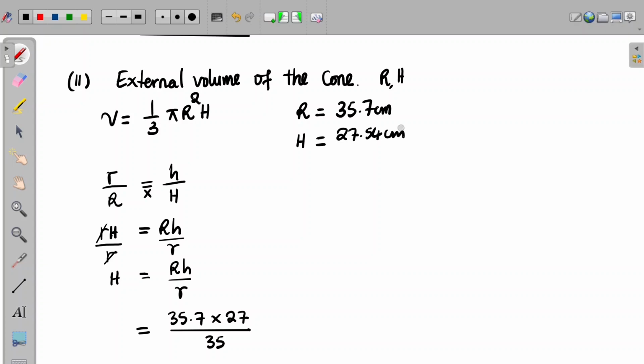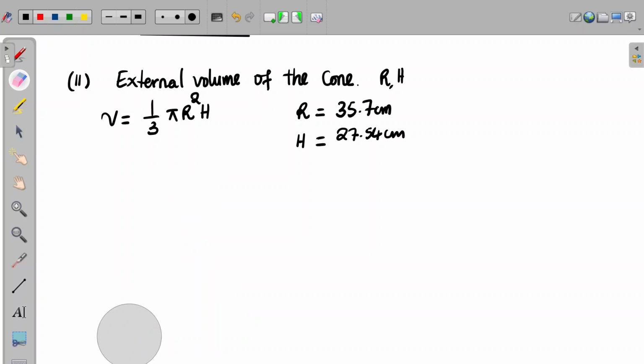Now after knowing that, now I can just solve for the volume. So in solving for the volume, I'll substitute.